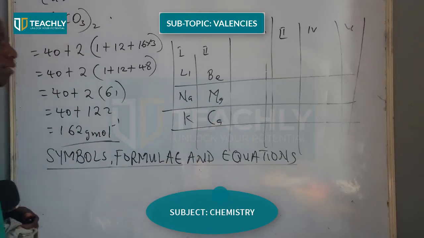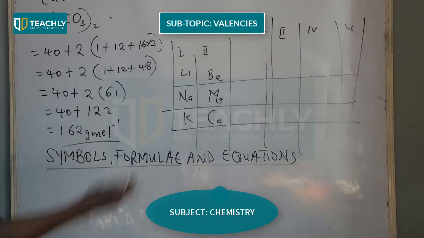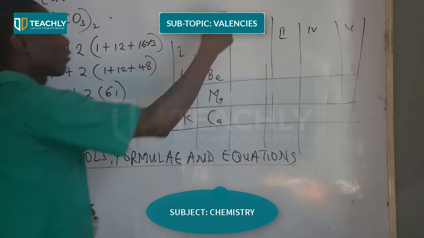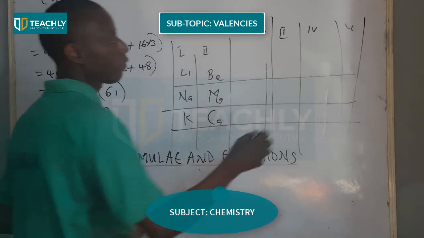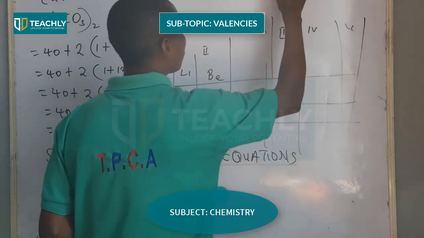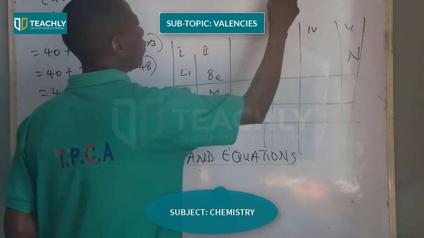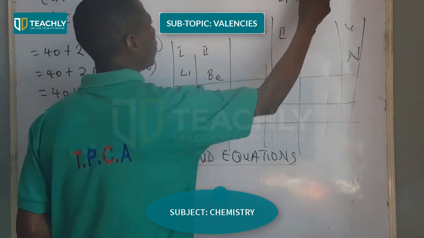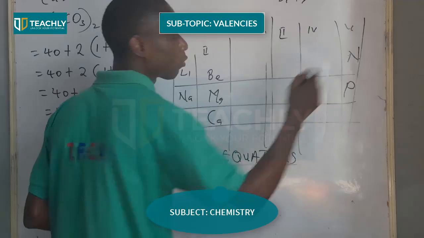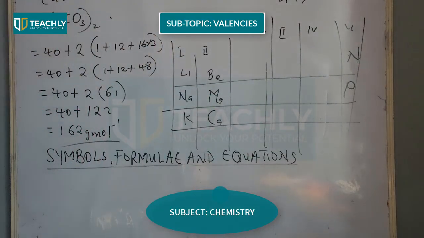You notice that as I'm calling their names, some are a mix of 2 letters, some 1 letter, like nitrogen in group 5. You have phosphorus in group 5 too. So some are single letter symbols.